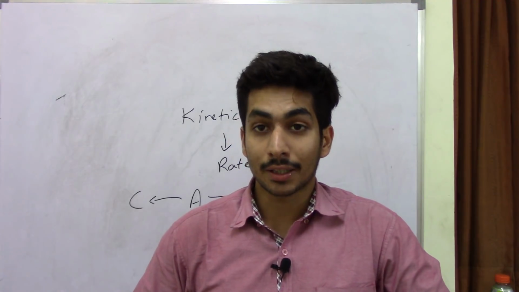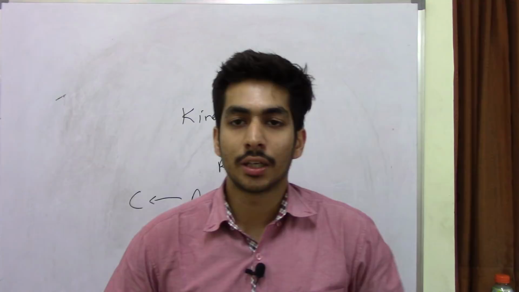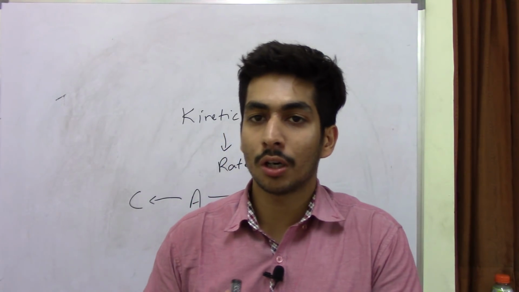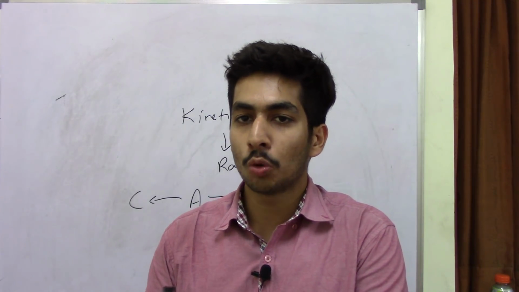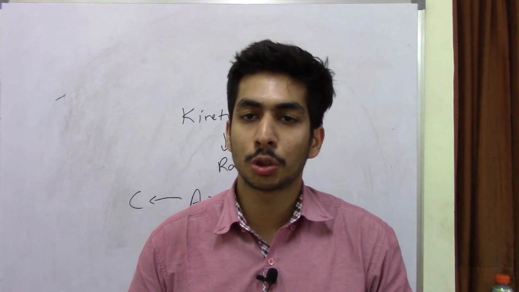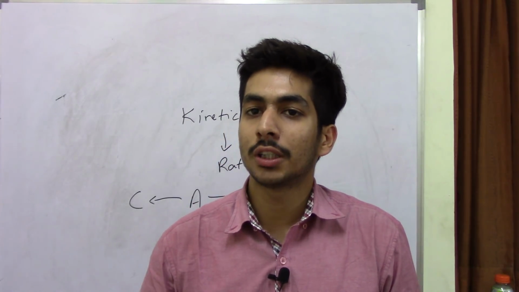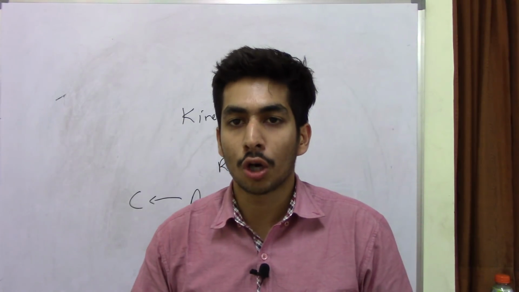Okay, but that is not always the case, because it also depends on the transition state. So this is where I am going to help you understand this particular concept, that even if the product is more stable than some other product which can also be formed, it does not make that particular product the major product. It depends on the conditions, and that is what kinetic control and thermodynamic control is all about, right?